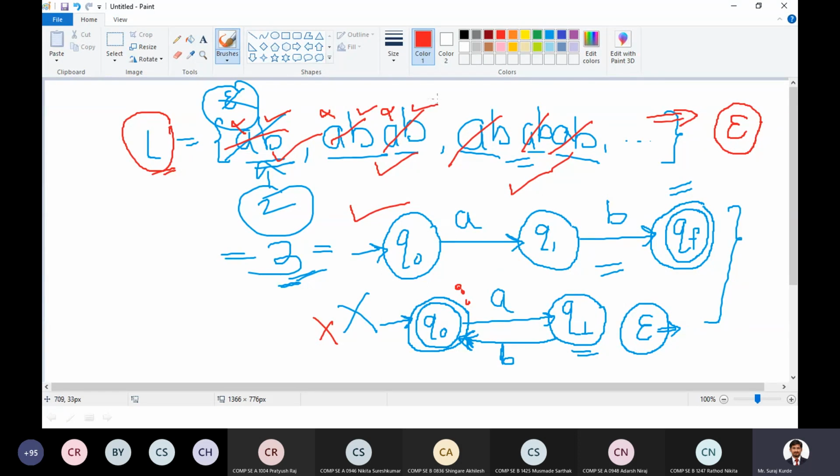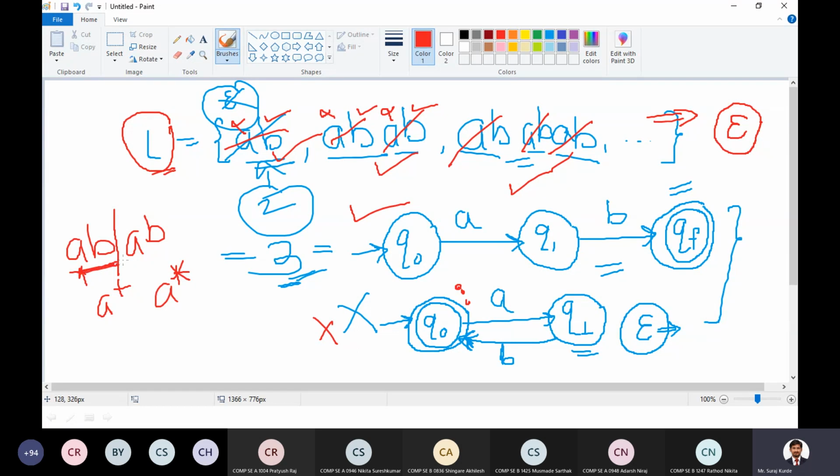Now what to do in this case? Let's say AB, AB. For the first A, it should change the state because it is a valid input and it is not repeated multiple times. If it is A plus or A star, that means it is repeated multiple times.